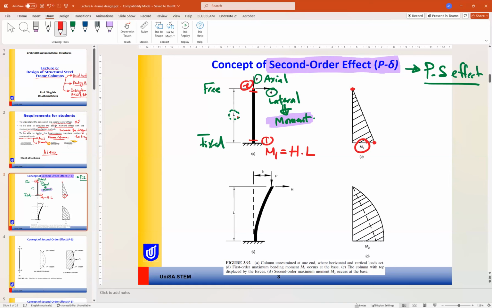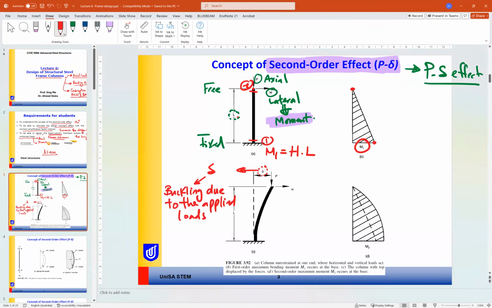But actually, due to the axial load, the column will start buckling. The buckling value in this case is small delta. So delta is the lateral buckling due to the applied loads.